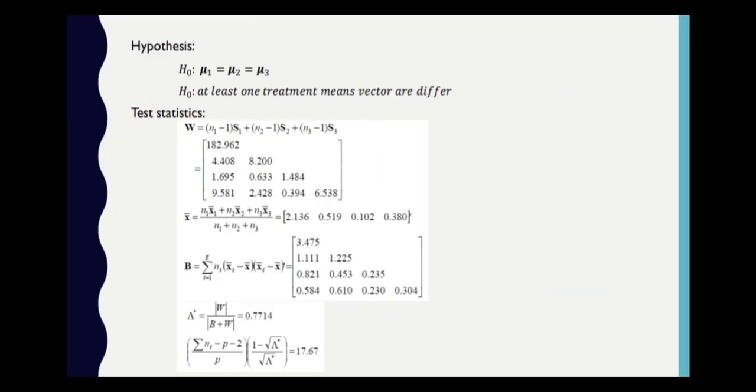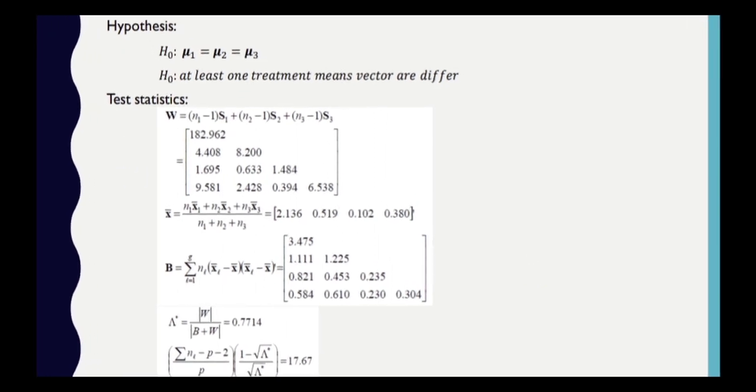Okay, and also the covariance matrix is given. The main diagonal will be the variance for each of the variable for the corresponding population ataupun treatment. Okay, so we can apply the method one-way MANOVA tadi.